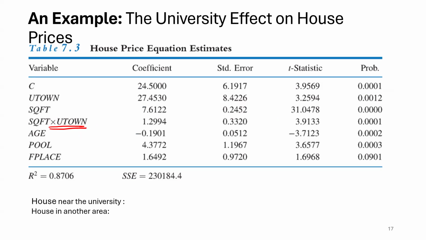Okay, what does it mean? If the house is in another area not close to the university, Utown is zero.